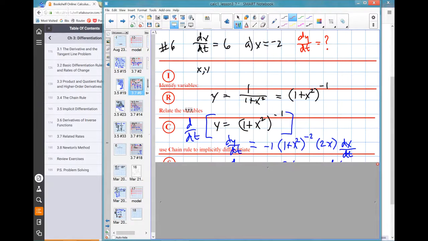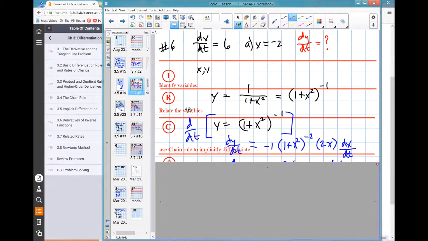So the left side is dy/dt. The right side, first we do what? The outer, the power rule: bring the -1 down, keep the base, 1 plus x squared, the same, and reduce the power by 1, so now the power becomes -2. Then the first chain rule is, what's the derivative of 1 plus x squared?